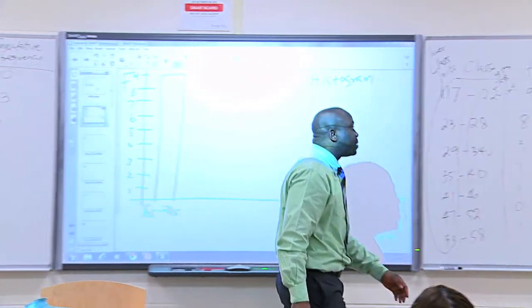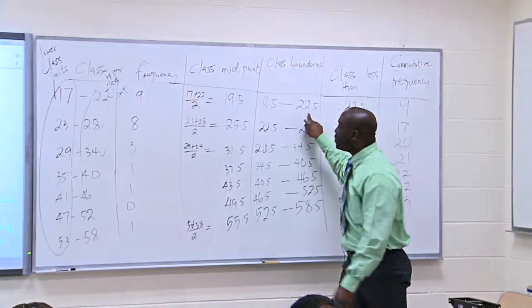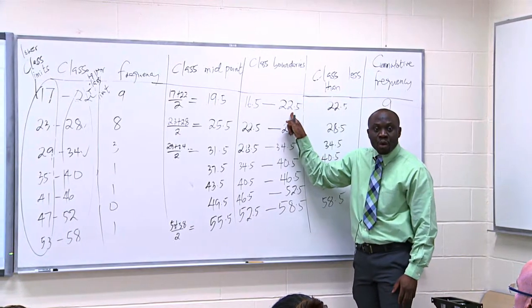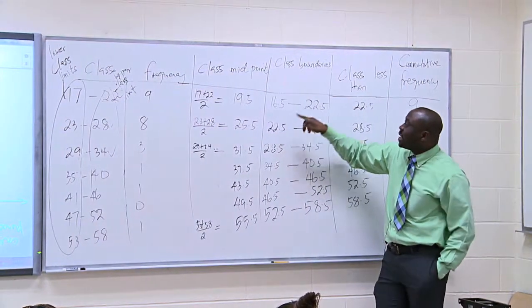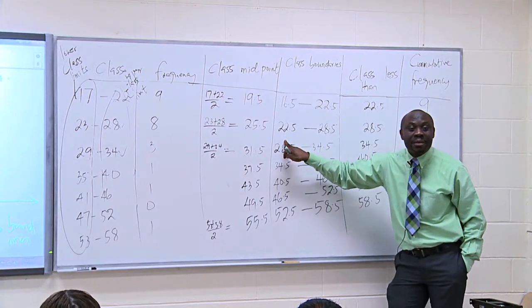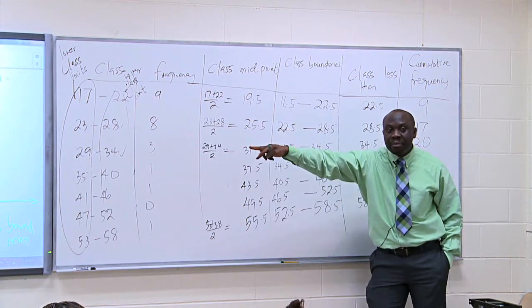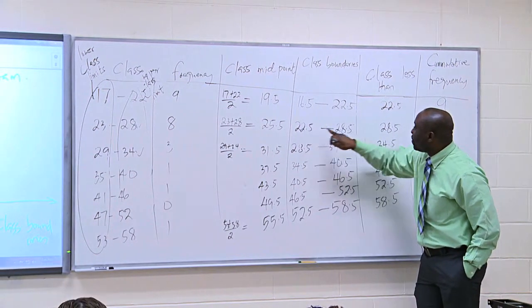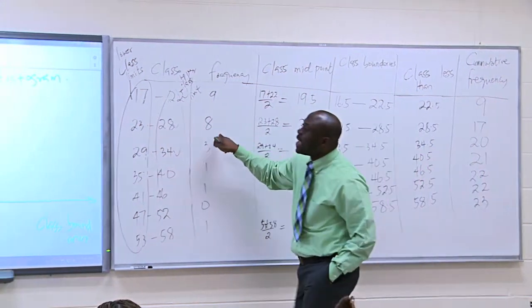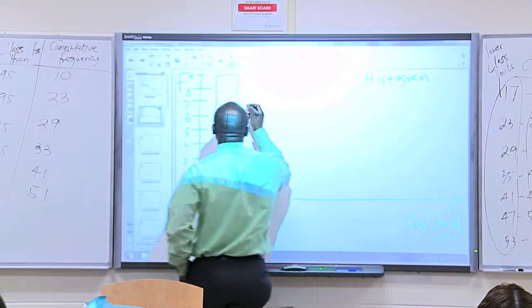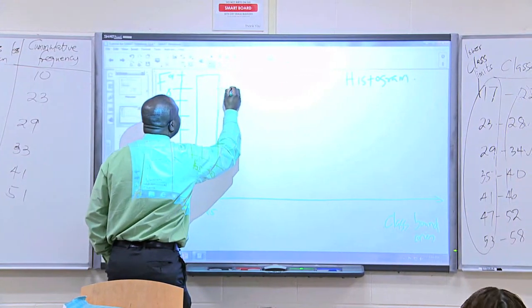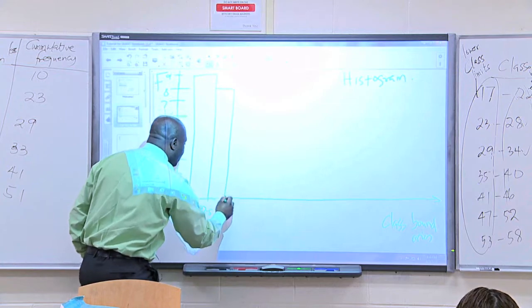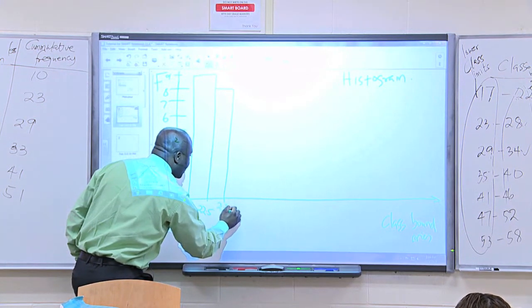Remember, I'm using the class boundary. When you get to the next point, you realize that, oh, the end point is the starting point. So there is no gap between the bars, and I think I talked about that last time. So 22.5 to 28.5 is 8. So I'll just extend this line down to 28.5.